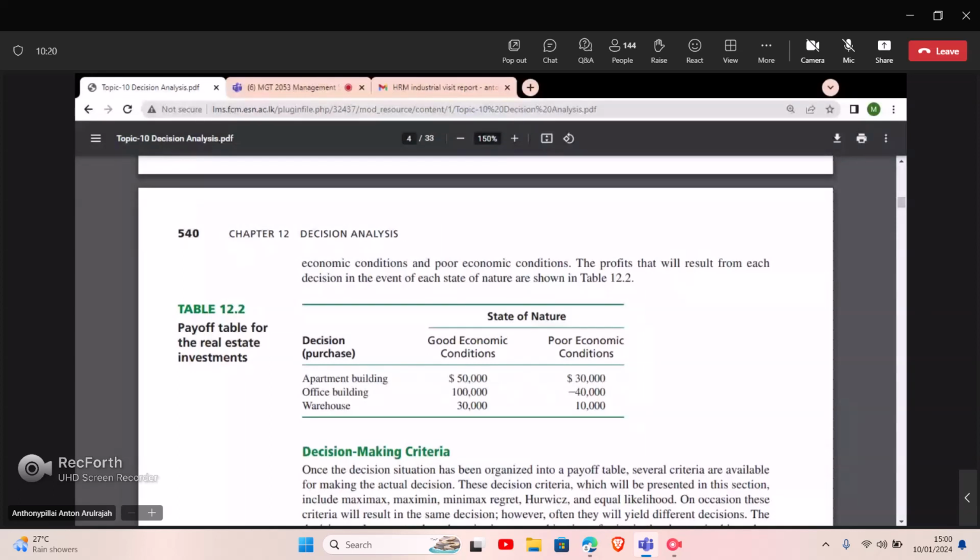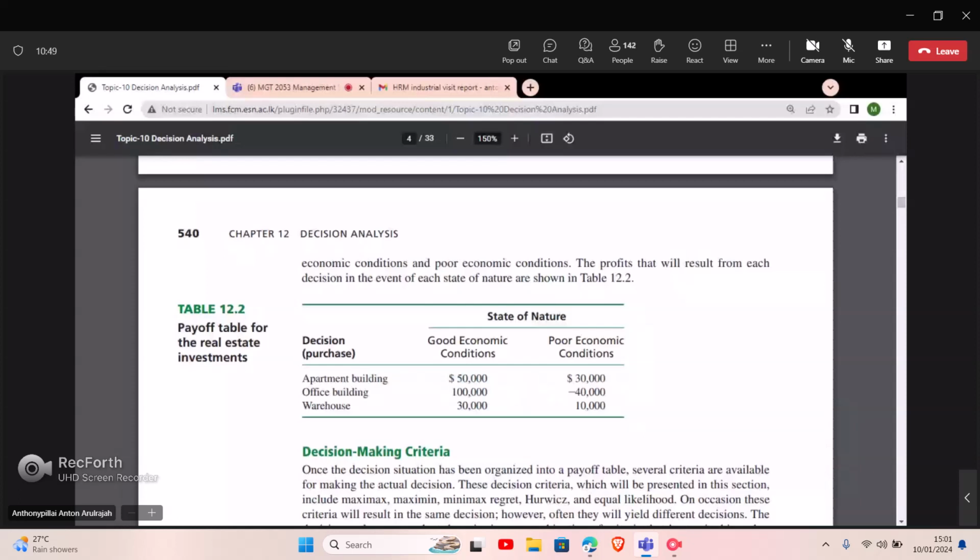Say if there are good economic conditions, as far as the state of nature is concerned, and I invest in the apartment building, I can get $50,000. In poor economic conditions, I can only get 30,000.